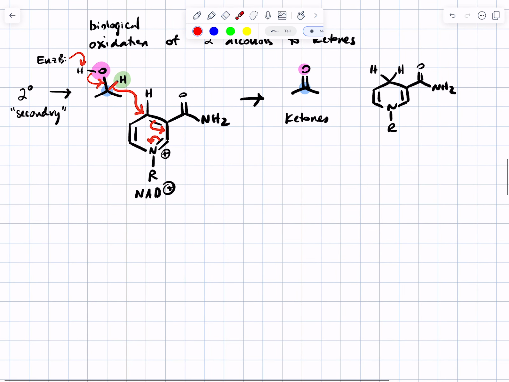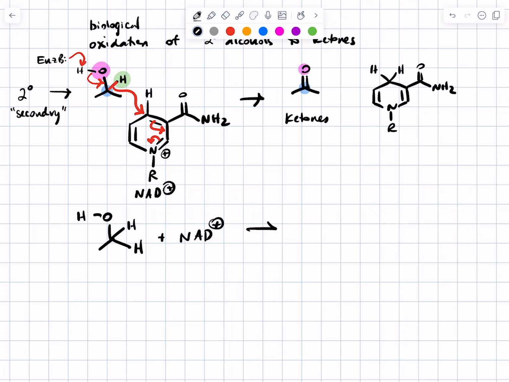By the way, make a prediction. If we do this same thing, I won't draw the mechanism, but if we do this same thing with a primary alcohol, what is the product going to be? Yeah, it would be an aldehyde. And the way you can tell that happens is, remember, an enzyme removes the proton on the oxygen.